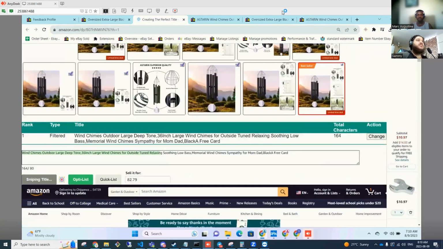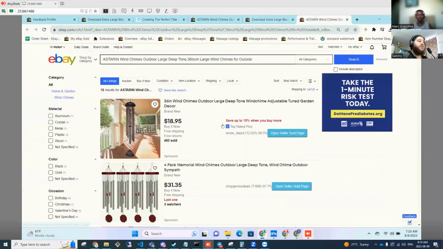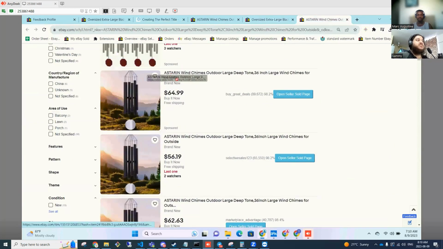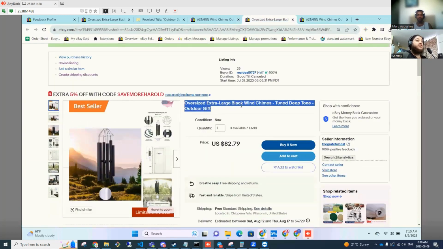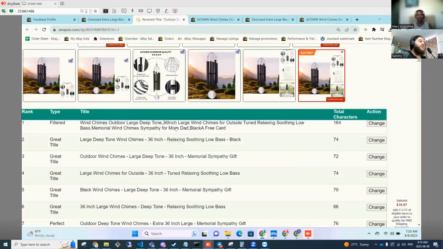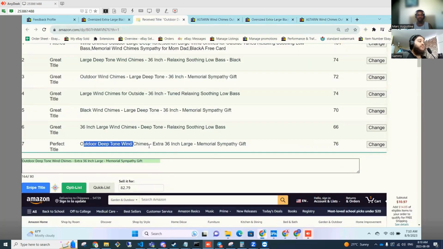While this is working, we can observe that everybody else has extra large deep tone 36 wind chimes outside, but ours is oversized extra large black wind chimes tuned deep tone outdoor gift. And you can see over here, outdoor deep tone wind chimes, extra 36 large, memorial sympathy gift.